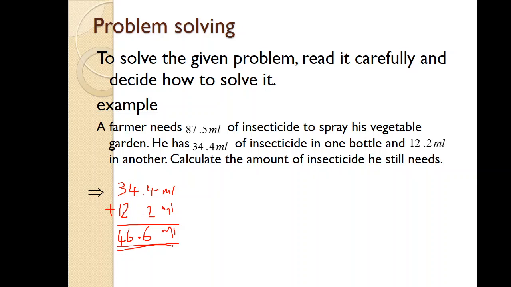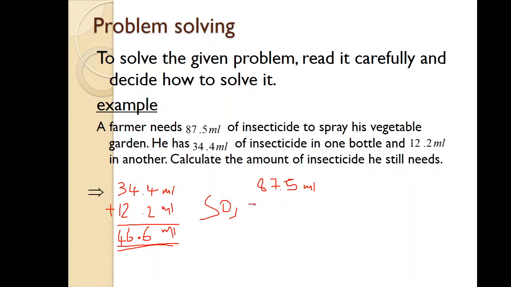Now to find the amount of insecticide you need, we're given that you need 87.5 milliliter.